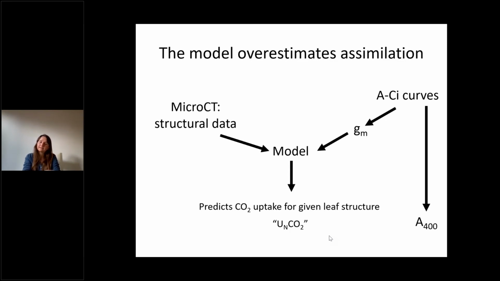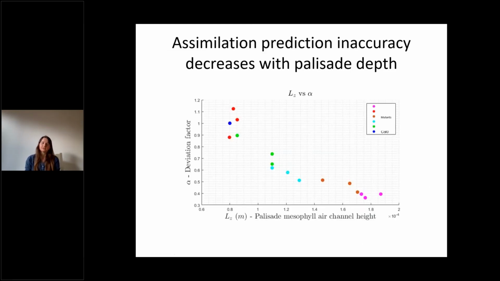But there is something interesting about how this mismatch varies between the different mutant lines we looked at. What we saw is that different mutant lines vary in the extent of this mismatch in predicted CO2 assimilation.